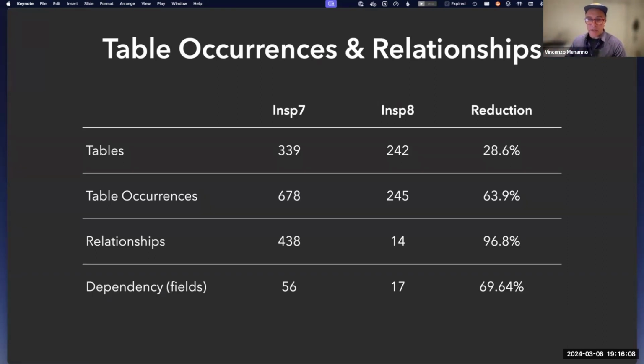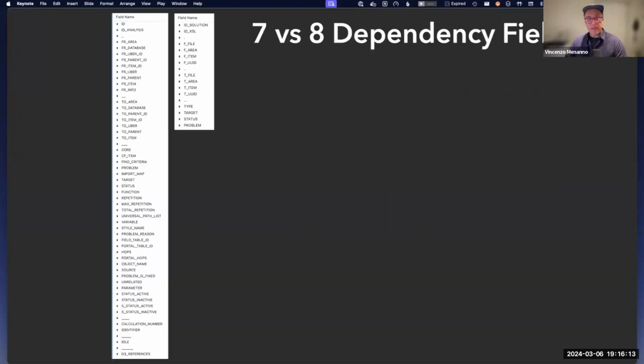So we had a dramatic drop in the number of fields that we need to represent that. And this diagram shows a screenshot on the left of version 7, and a screenshot on the right of version 8. A dramatic difference, from a wide table to a very narrow table, for a table that is very heavily used.